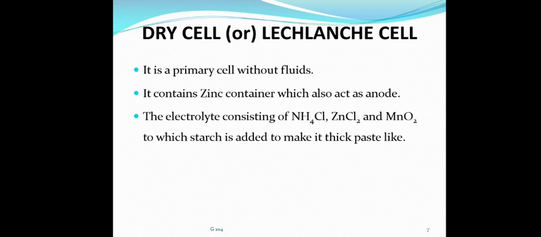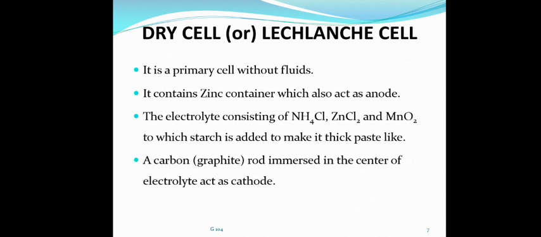And it contains an electrolyte, which is a mixture of ammonium chloride, zinc chloride and manganese dioxide, to which starch is added to make it thick and paste-like. So this mixture is not in the fluid way, it is in the form of a thick paste due to the addition of starch.